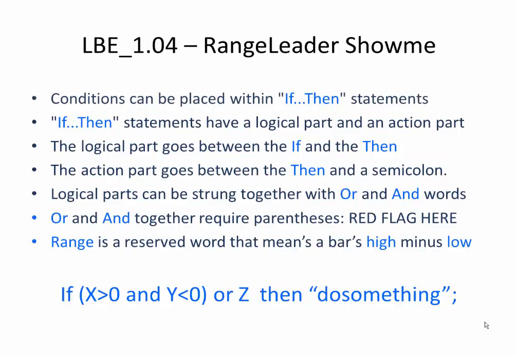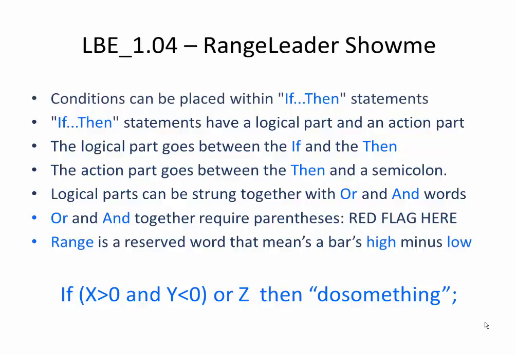Conditions can be placed within if-then statements, and if-then statements have a logical part and an action part. The logical part goes between the if and the then, and the action part goes between the then and a semicolon. Logical parts can be strung together with or and and words. Those are reserved words.